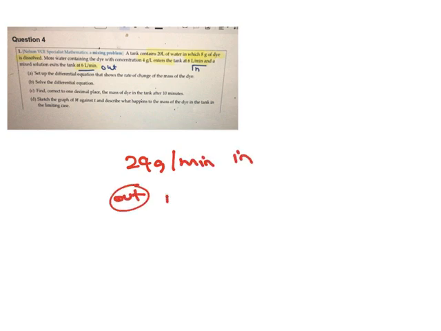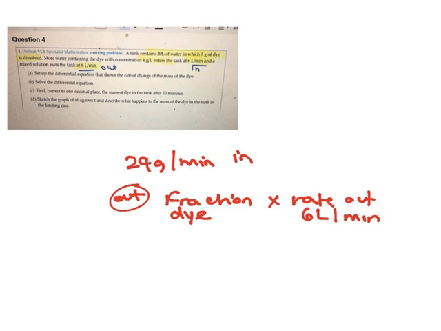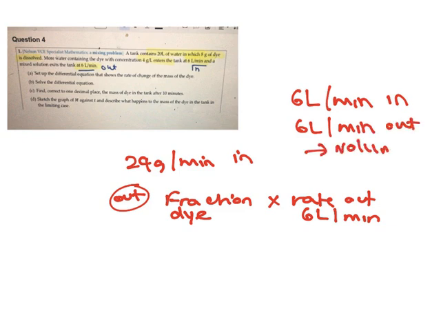So coming out, we need to get the fraction of dye times the rate out. So the rate out is 6 litres per minute. Do you notice that there's 6 litres per minute going in and 6 litres per minute going out? Therefore, the volume is actually constant, unlike the last one where the volume was changing.